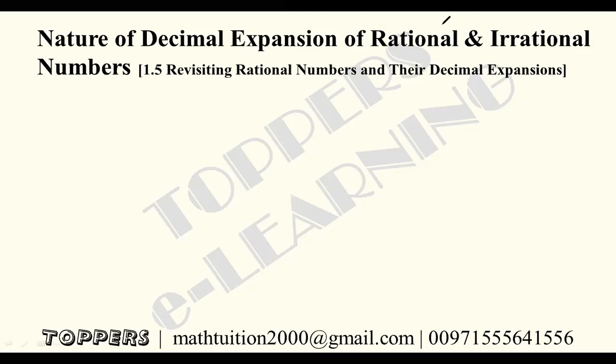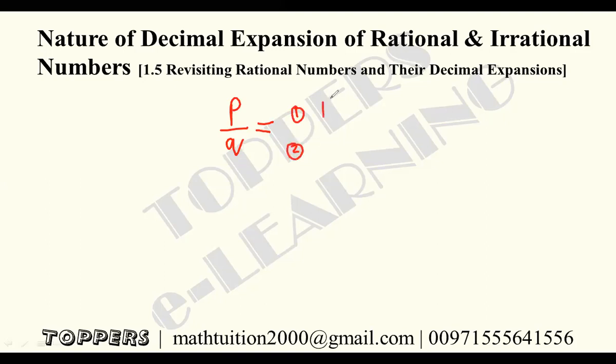So if you have a rational number, the standard form of rational number we can write in the form of p by q, where p and q are integers and q not equal to 0. We are writing this decimal expansion. There are two types of decimal expansion really.